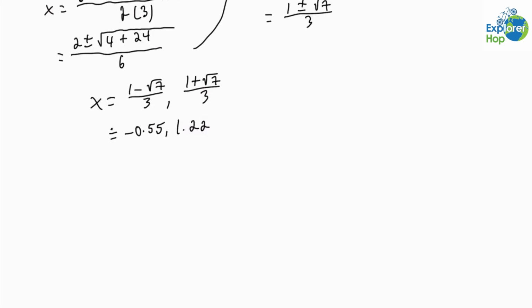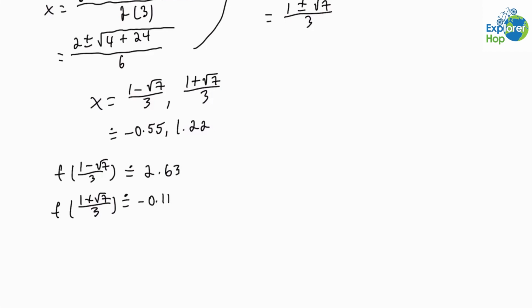And f of 1 minus root 7 over 3 is approximately equal to 2.63, and f of 1 plus root 7 over 3 is approximately equal to negative 0.11. So this gives us the stationary points.